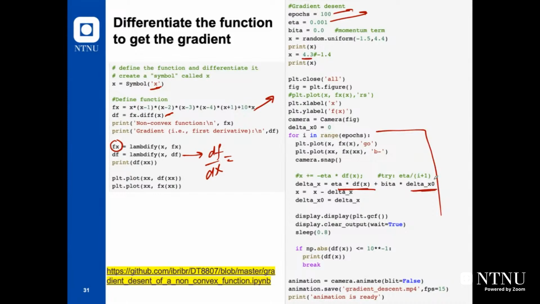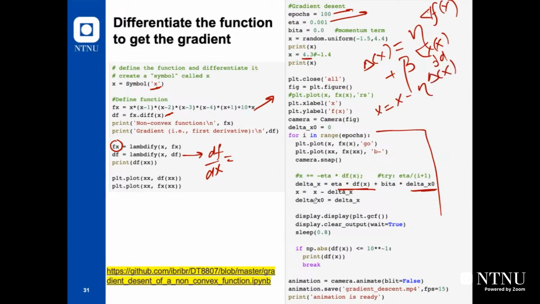So delta x will be eta multiplied by the gradient, plus beta multiplied by the last delta x, in fact. So it's delta x old or something, right? We need to just say it's delta x old, the last one. And you need to update x, so x will be x minus eta multiplied by this delta x.